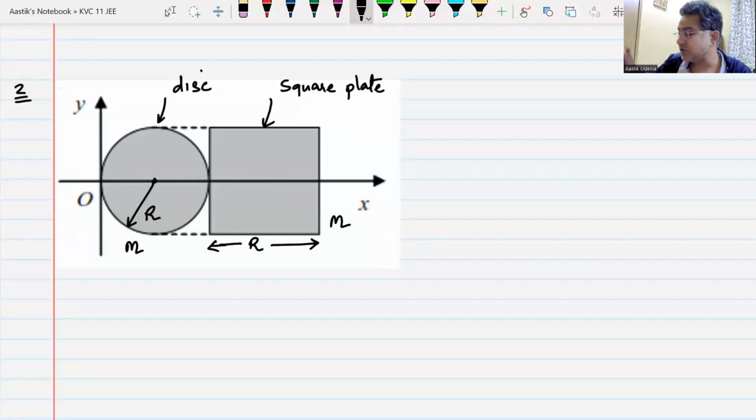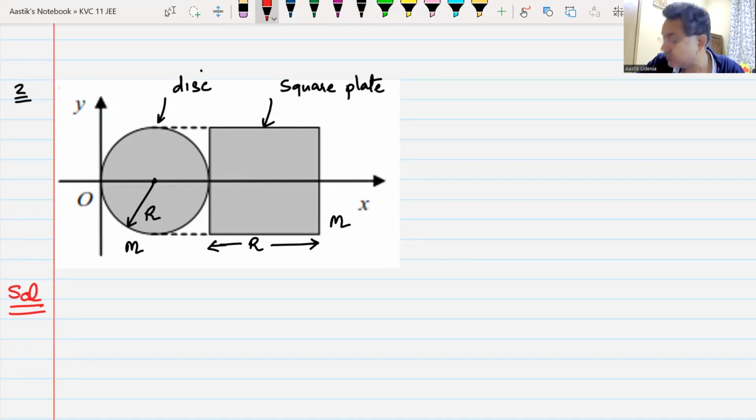So how are we supposed to do this? Which coordinate of the center of mass do we need to find? Do we need to find the x coordinate? Do we need to find the y coordinate? Or do we need to find both? Or we don't need to find anything? Both, sir.